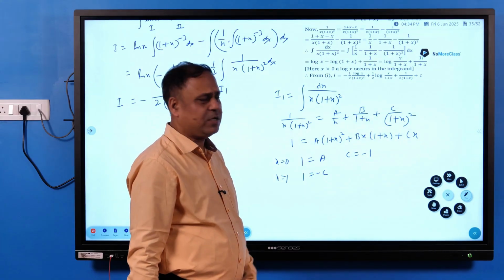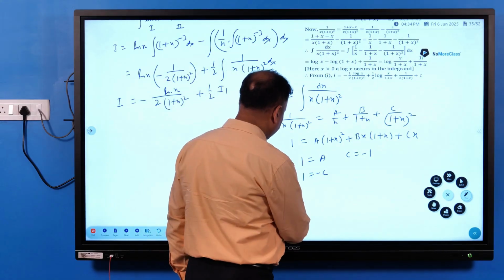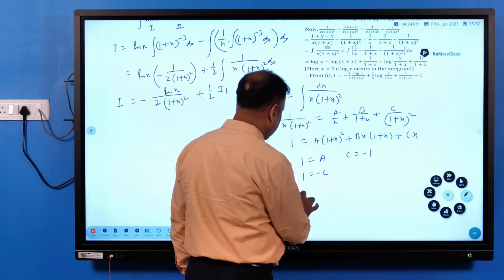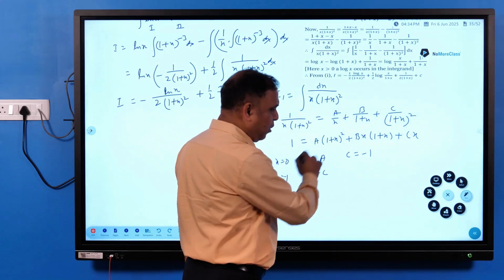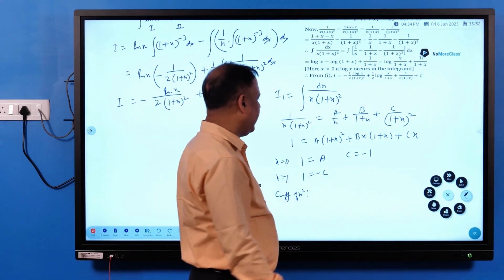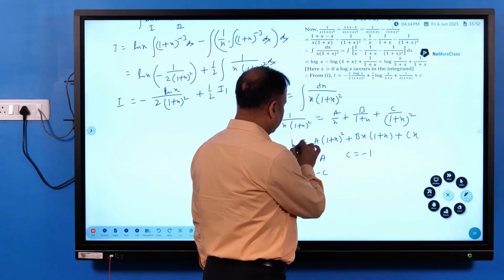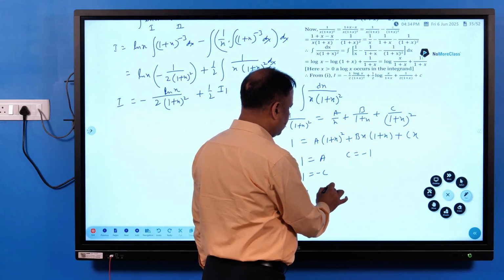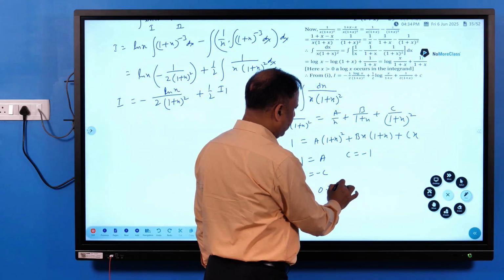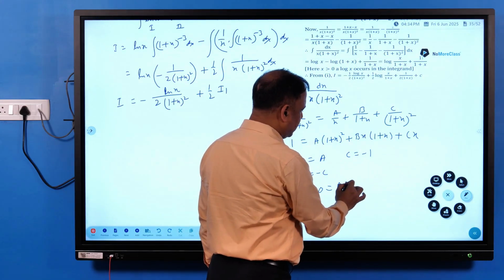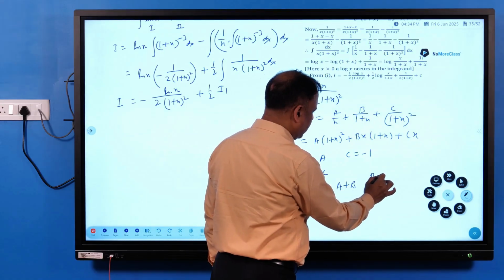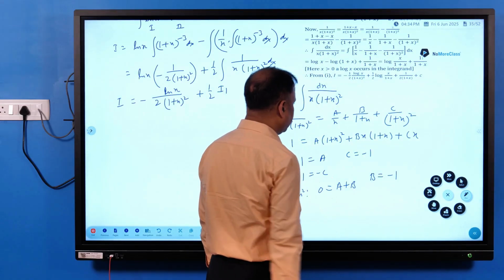I will compare the coefficient of x square. Because this is a polynomial, it must be always true for all x. So here there is no coefficient of x squared, so 0, x square into a, so a, bx squared plus b. So b is equal to minus a, means minus 1.